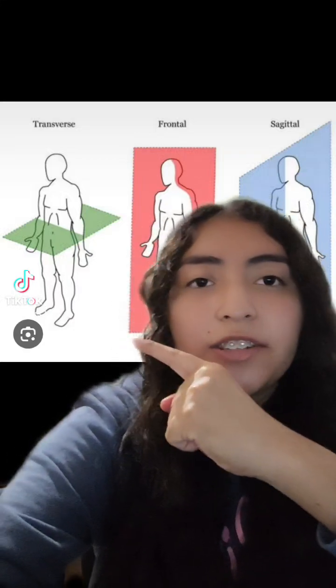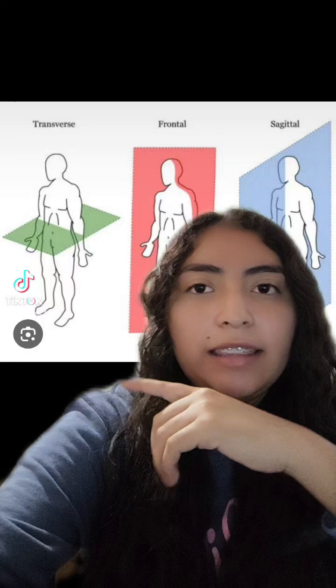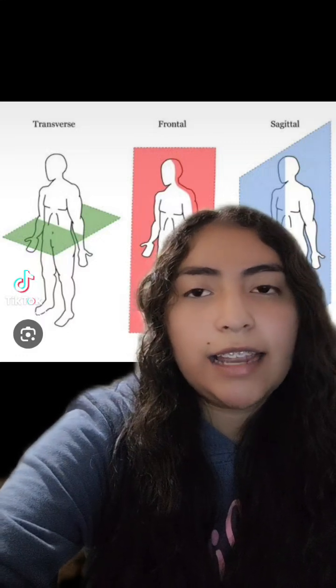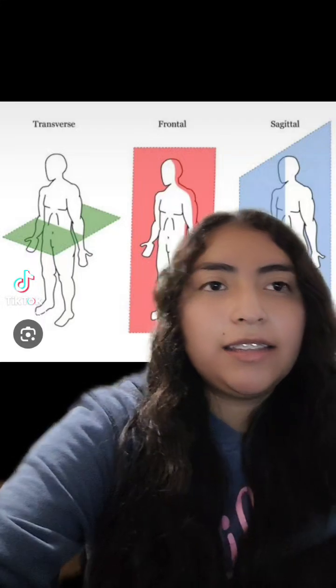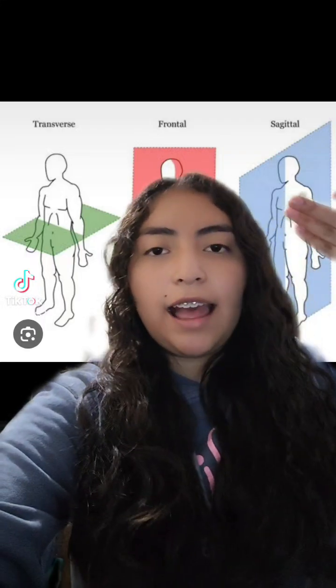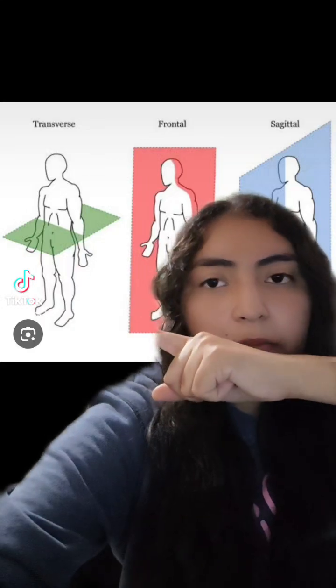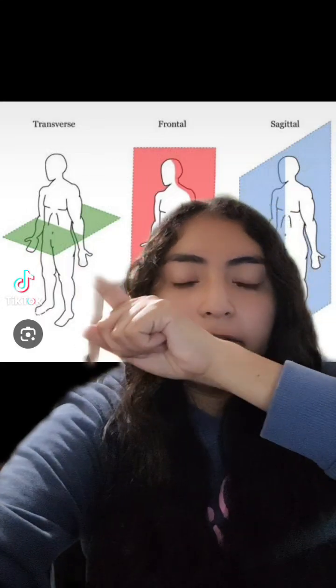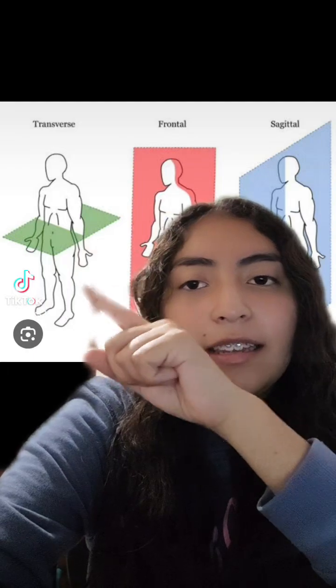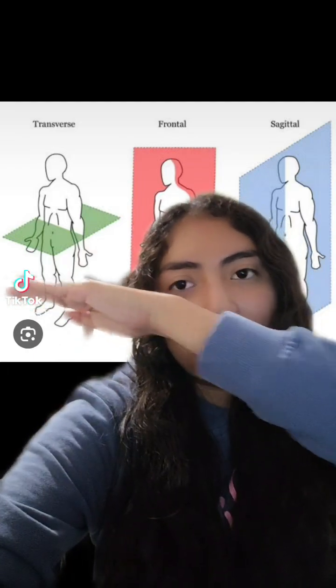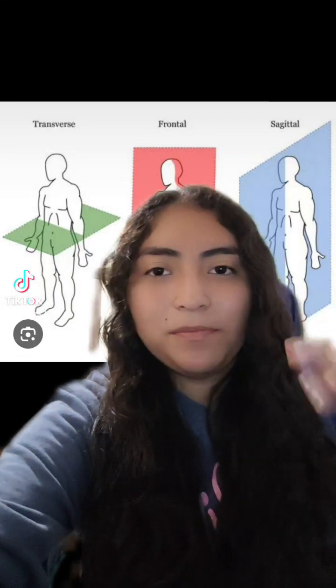And we also have the transverse plane that divides the body into the superior and the inferior part. We could see in the image here, it is divided in green and cut in the middle.